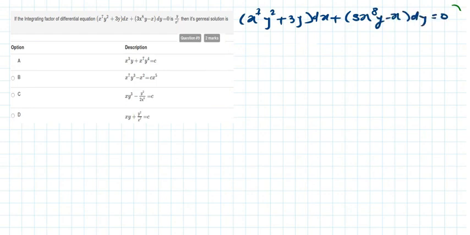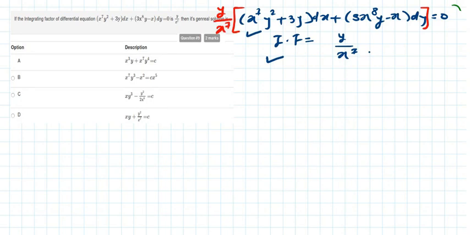They are saying its integrating factor is y upon x raised to 7. Once you know the integrating factor of this differential equation, we just multiply this whole differential equation by the integrating factor. So multiply this by y upon x raised to 7.